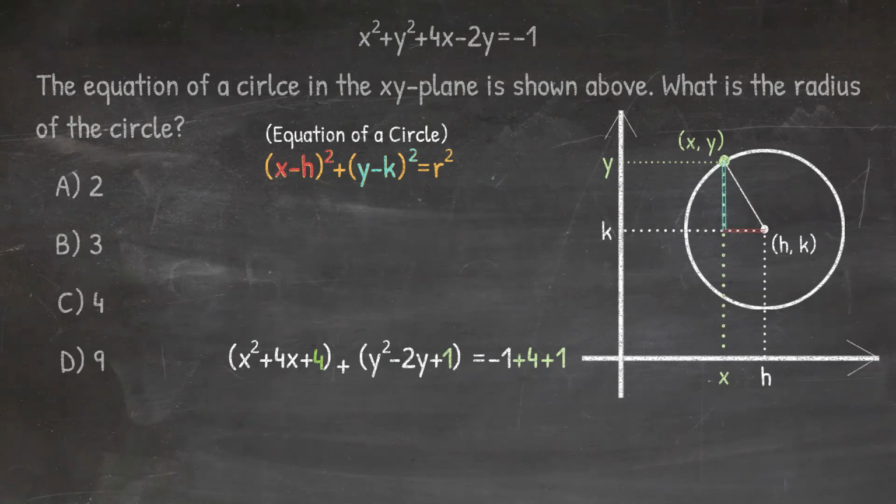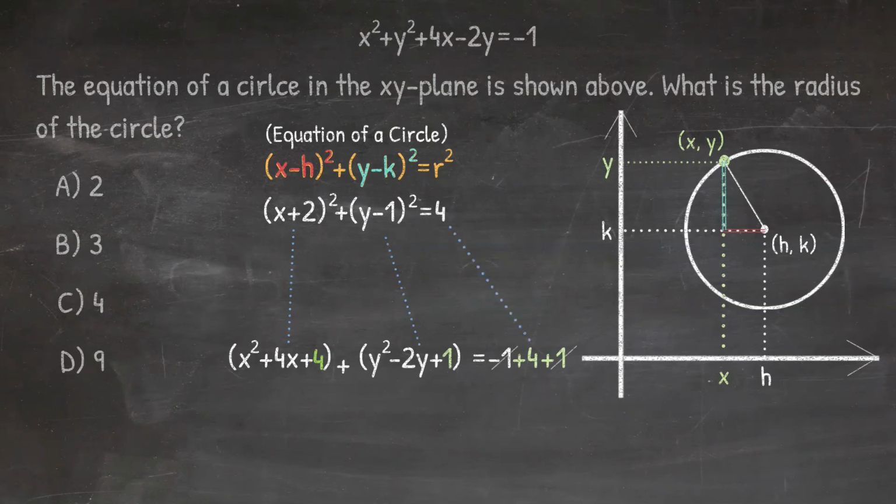Let's now convert what we have into the format of the equation of a circle. So let's replace the contents of the first bracket with its equivalent, (x plus 2) squared. And the second bracket ends up being (y minus 1) squared. And on the right side, minus 1 and plus 1 cancels out.